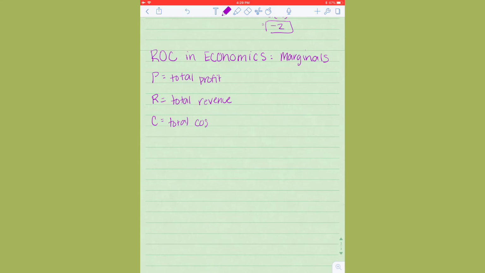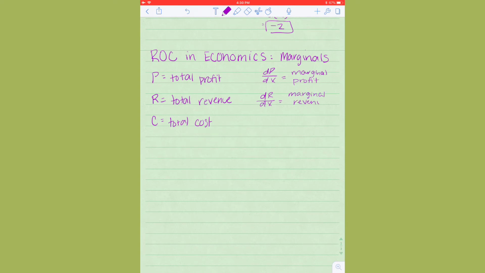We've actually looked at these before when we were looking at systems of equations and thinking about cost equations, revenue equations, and profit equations. Now we want to think about the derivative. If I find the derivative of my P equation, that is going to be my marginal profit. That word marginal represents that you've found the derivative. If I find the derivative of the R function, that's going to represent my marginal revenue.